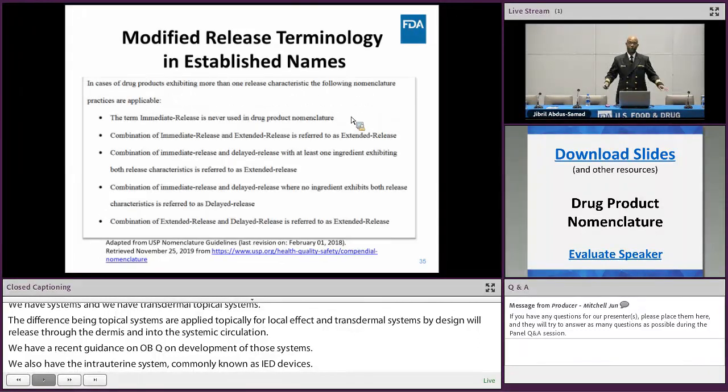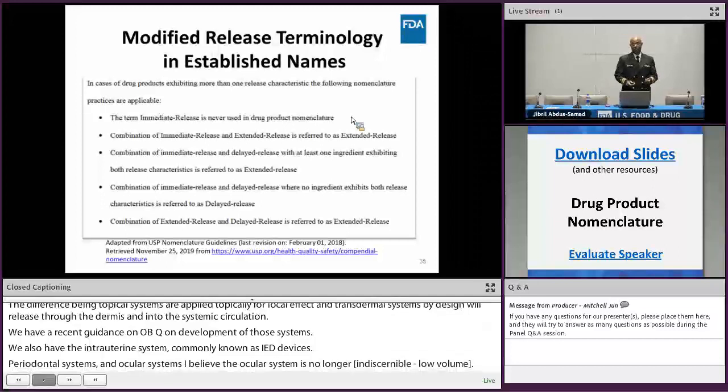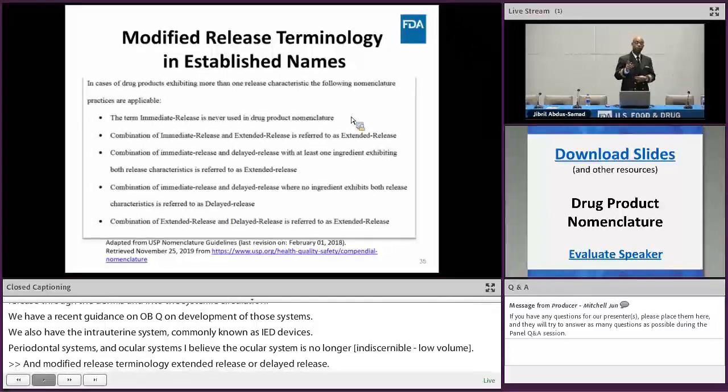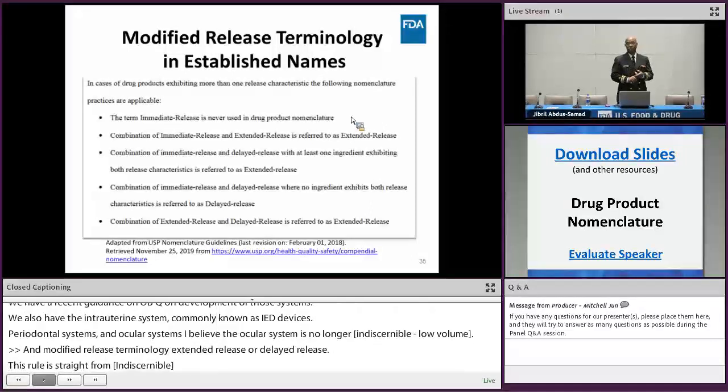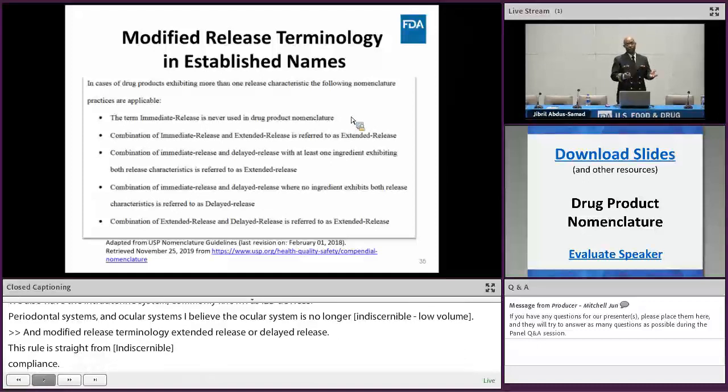And then for modified release terminology, extended release or delayed release. So this rule here is straight from USP's nomenclature guidelines for you to read through. But the key points here are for modified release terminology. Immediate release is never used in the drug nomenclature. We never say immediate release, it's sort of understood.